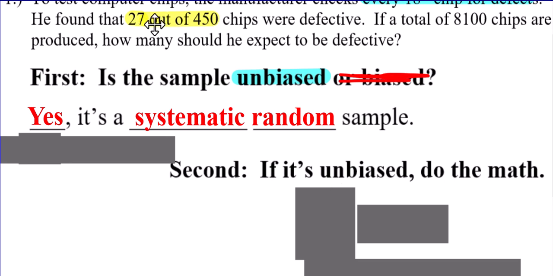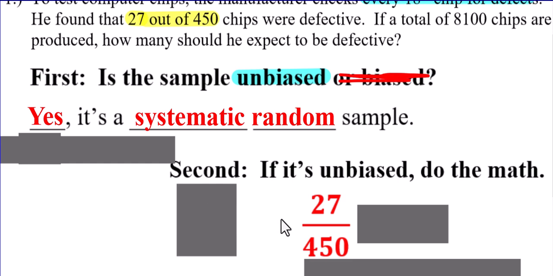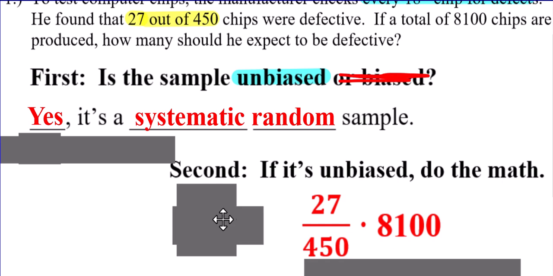We can take the ratio of 27 out of 450, and we can set that up as a fraction. Go ahead and write this down with me. And then we can multiply that ratio to the new total, the total of the population that we were talking about, 8,100 chips that are being produced. If this work looks familiar to you, we actually did work like this in the probability module or chapter in the book.